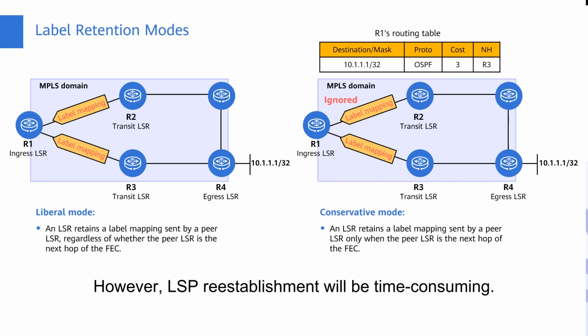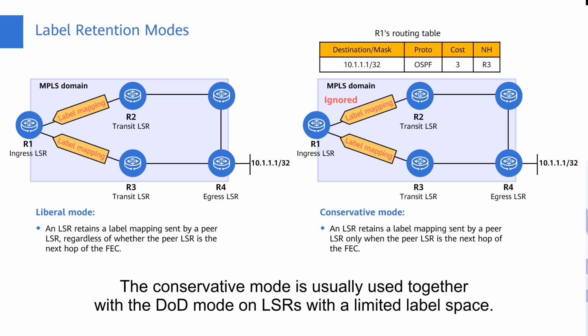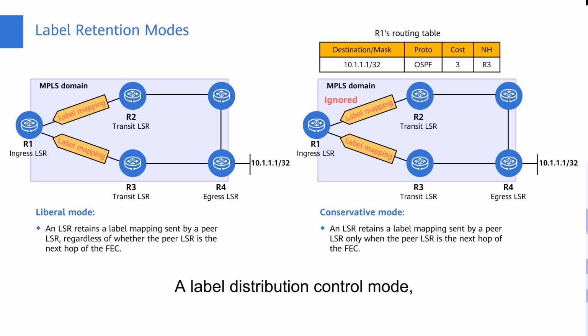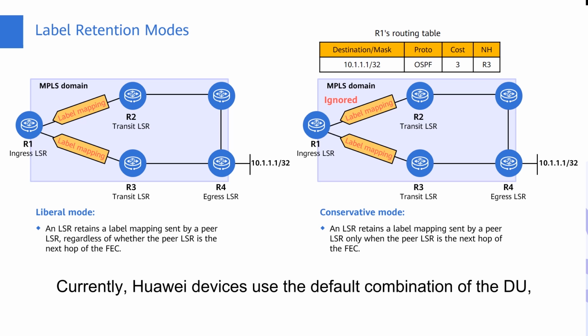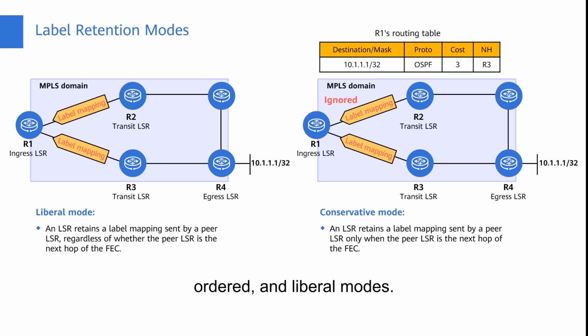However, LSP re-establishment will be time-consuming. The conservative mode is usually used together with the DoD mode on LSRs with a limited label space. A label distribution control mode, label advertisement mode, and label retention mode can be flexibly combined. Currently, Huawei devices use the default combination of the DU, ordered, and liberal modes.